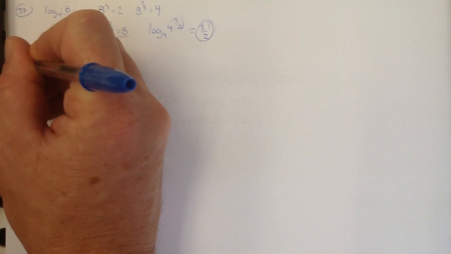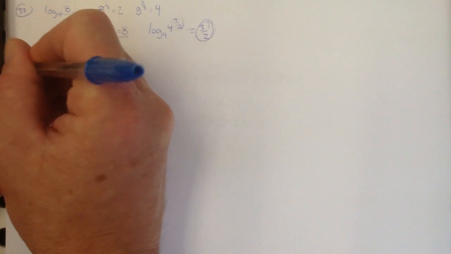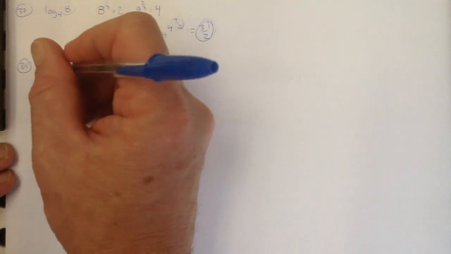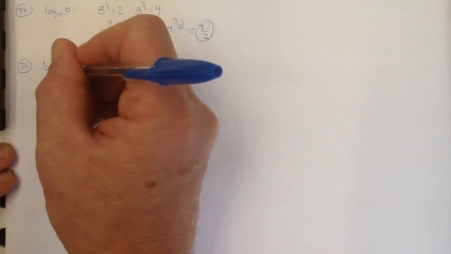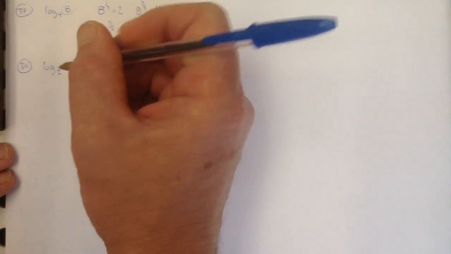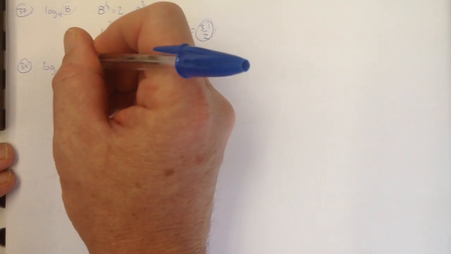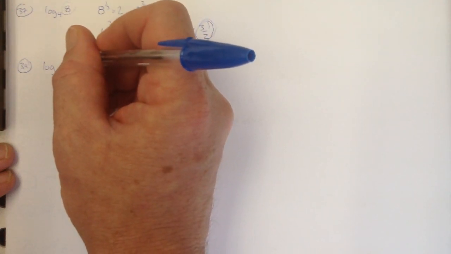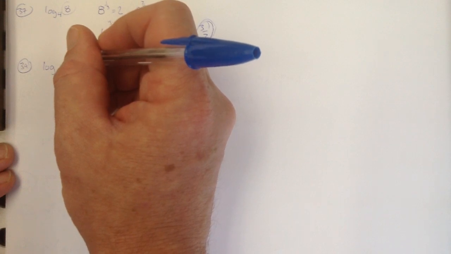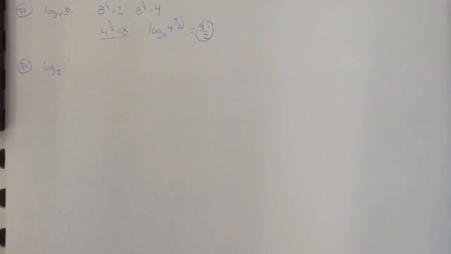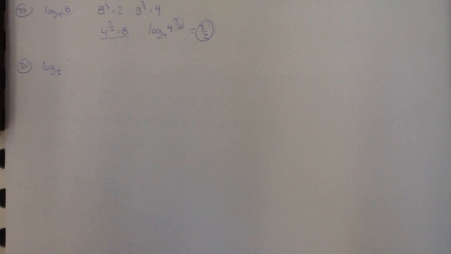39. Log base 2 of 4 squared. Is that 3 to the 4th supposed to be inside or outside?